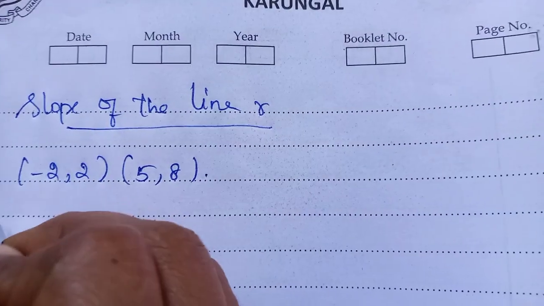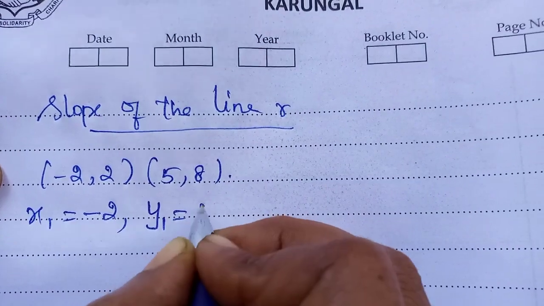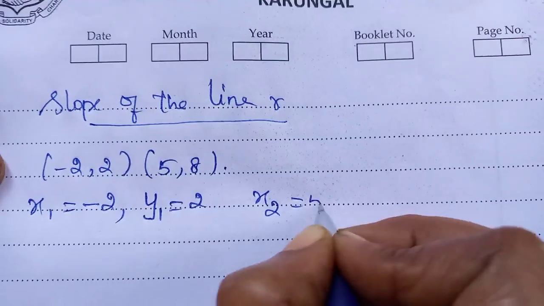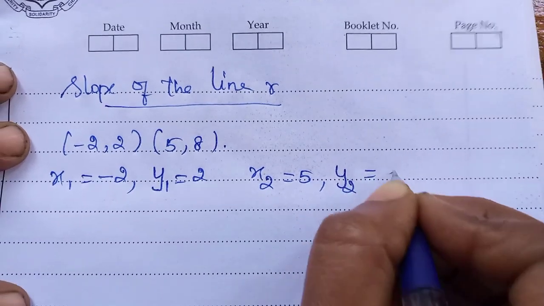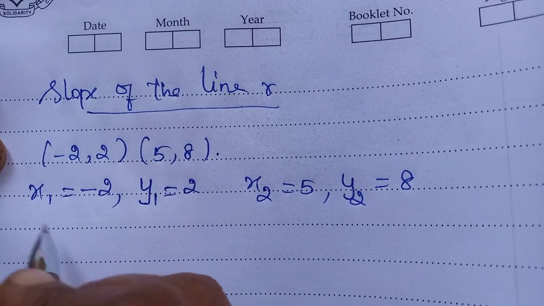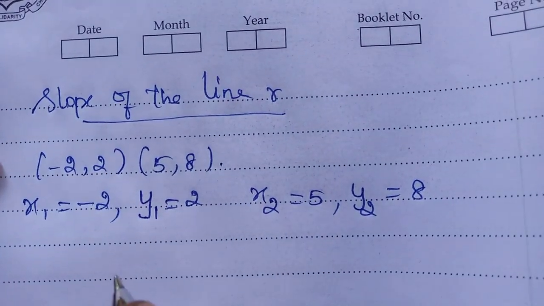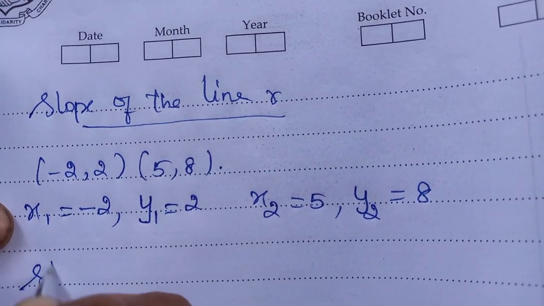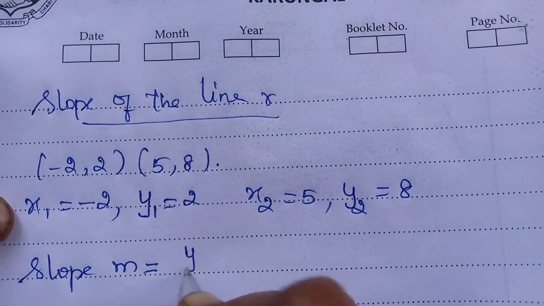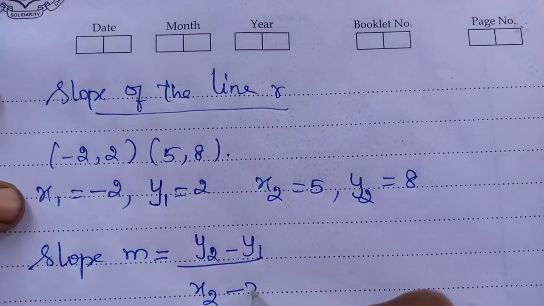Here x1 equal to minus 2, y1 is equal to 2, as well as x2 is equal to 5, y2 is equal to 8. What is the slope formula? So let us take slope of the line R is M1. So formula is slope M is equal to, what is the formula? y2 minus y1 by x2 minus x1.